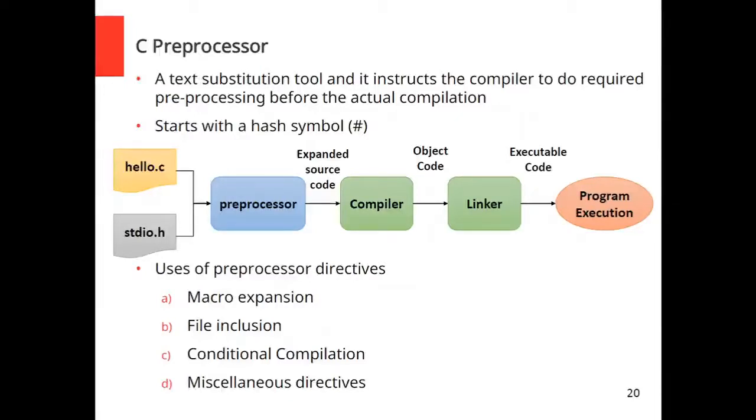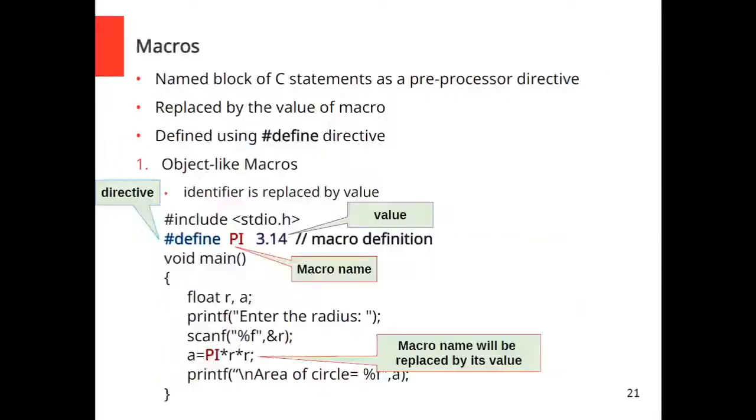Preprocessor directives are used for macro expansion, file inclusion, conditional compilation, and miscellaneous directives. So we'll see how it is used for macros and file inclusion.